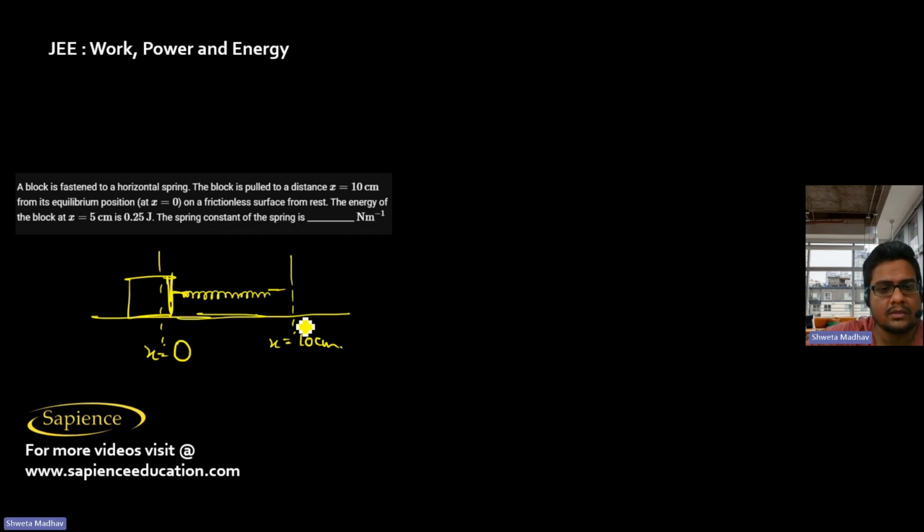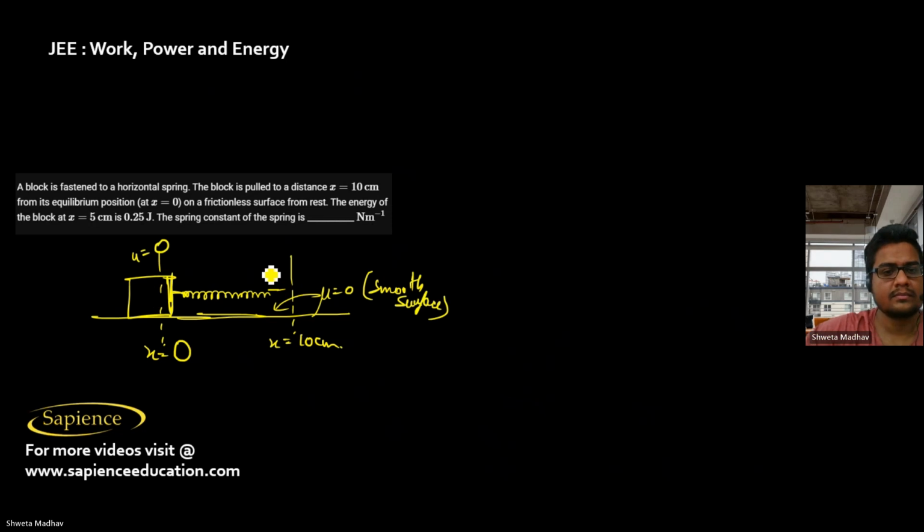So here there is frictionless, mu equal to 0, so it is a smooth surface. It is brought from rest, means u equal to 0 only. So from here to here there is no friction. The energy of the block at x equal to 5 centimeter is 0.25 joule.